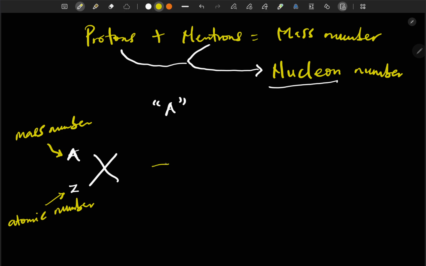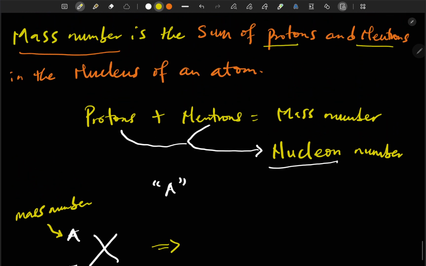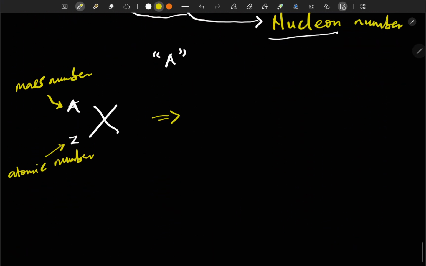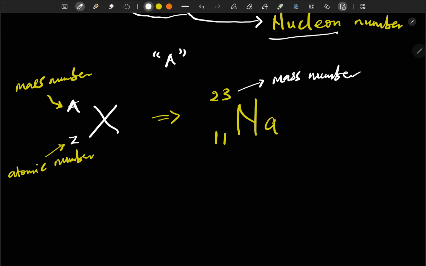For example, if we go back to sodium, if we have sodium written like this, Na with 23 as superscript and 11 as subscript, that tells you that this 23 is the mass number, which is the total number of protons plus neutrons.